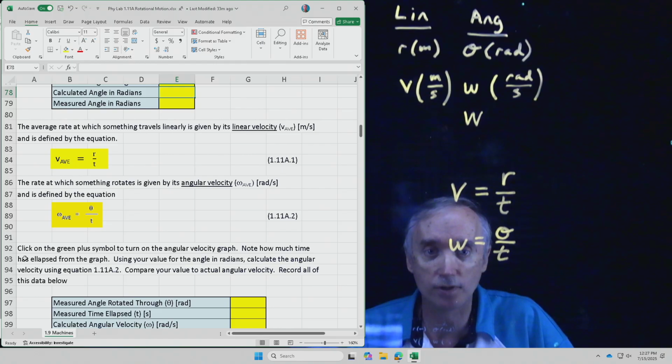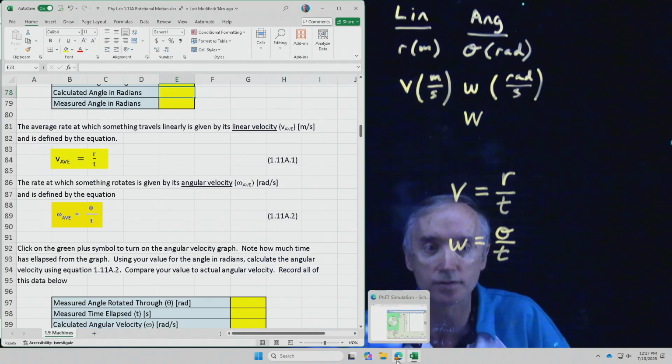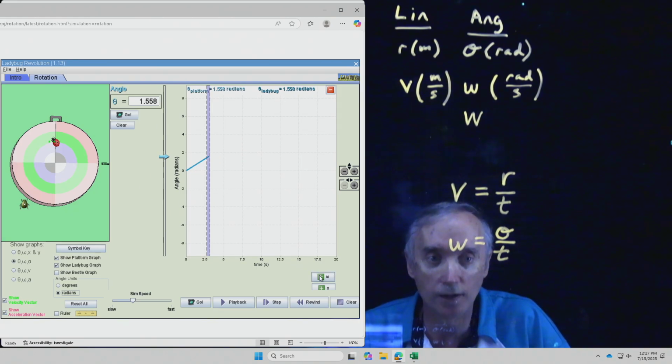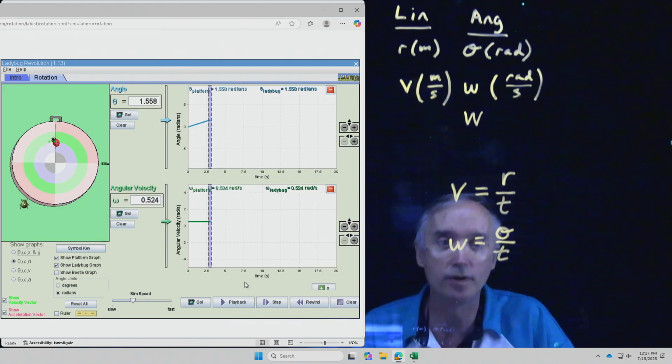Now it says to click on the green plus symbol to turn on the angular velocity graph. So we're going to go back to this, and currently we just have the angular distance graph, but now we're going to click on this button right here. Click on the plus one, and now we've got two graphs.